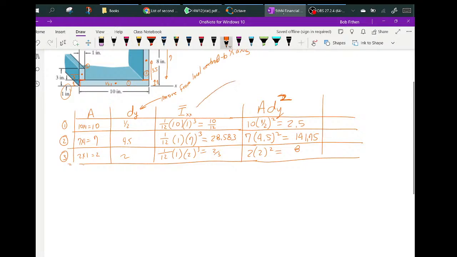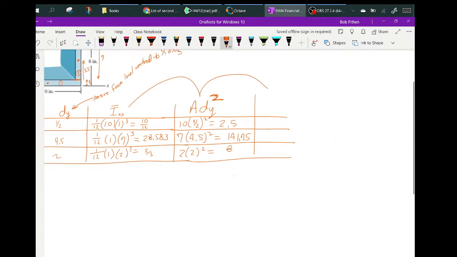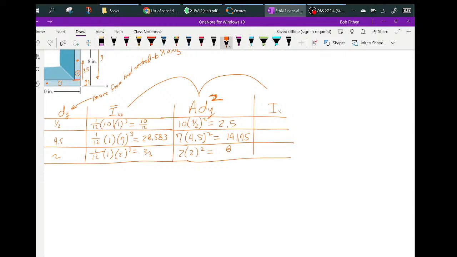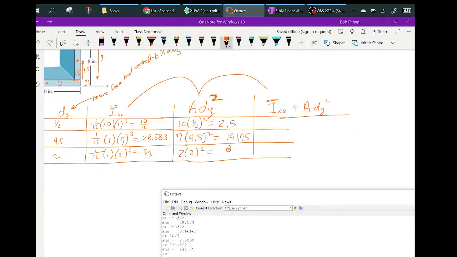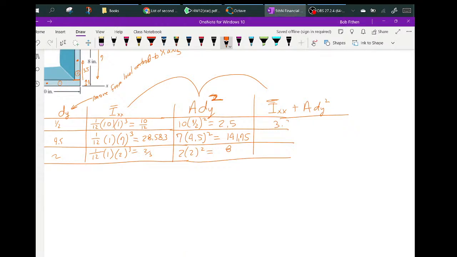So now I've got to add this one and that one to get I bar xx plus A dy squared. 10 over 12 plus 2.5 gets me 3 1/3, 3.333.